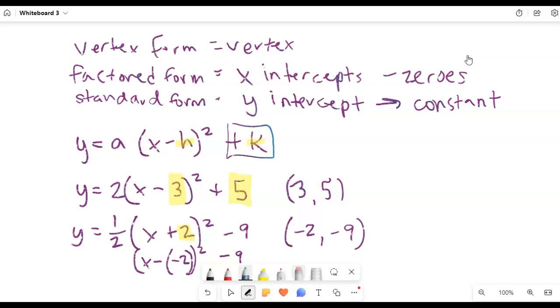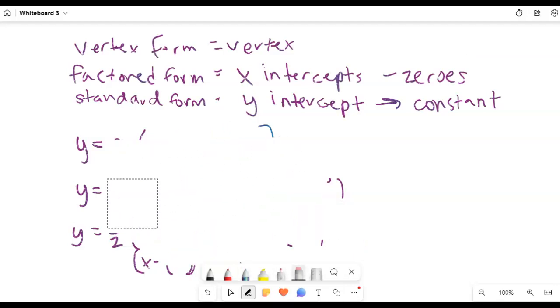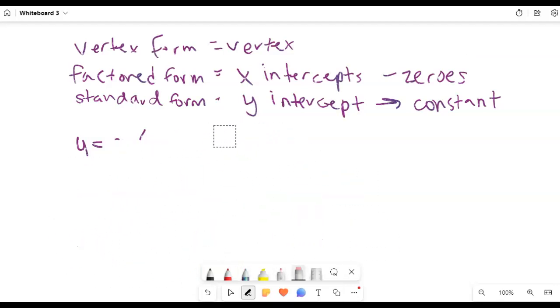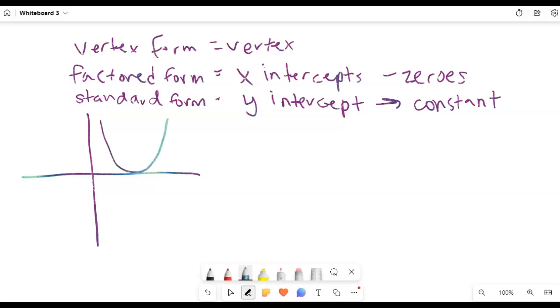Okay, so let's go ahead and I'm going to erase this. And let's look at if I have a graph in which I can see that the vertex is, actually let me do a slightly better graph here. Let's say that I have a graph and I can see that the vertex here is (2, 1), right?